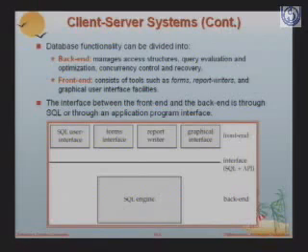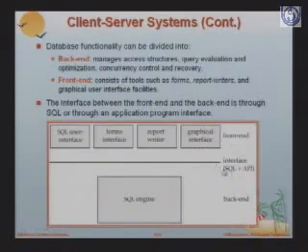In fact, in the earlier semesters also we have touched upon these issues. Then we have a front end, which is called the client side, and consists of tools such as forms, report writers, and graphical interfaces. The interface between the front end and the backend is through SQL or through an application program interface.